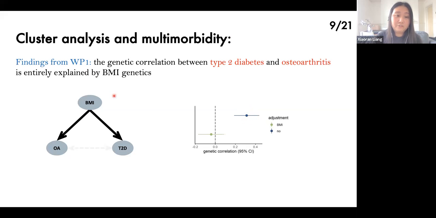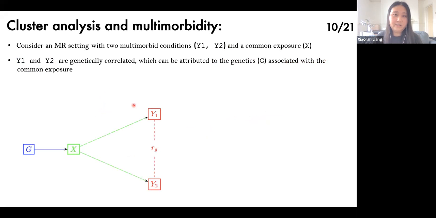But after we control for BMI as a common risk factor, we found that their genetic correlation reduces to 0. So this means that the genetic correlation between type 2 diabetes and osteoarthritis can be entirely attributed to the BMI genetics. So this result motivates the multi-morbidity model that we are interested in.